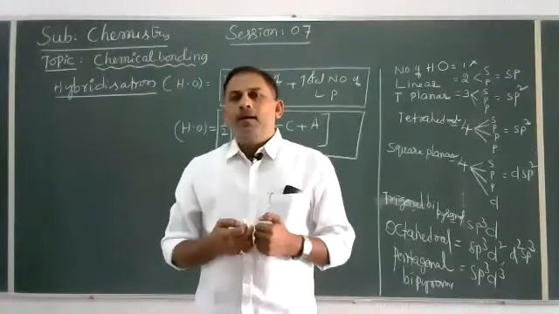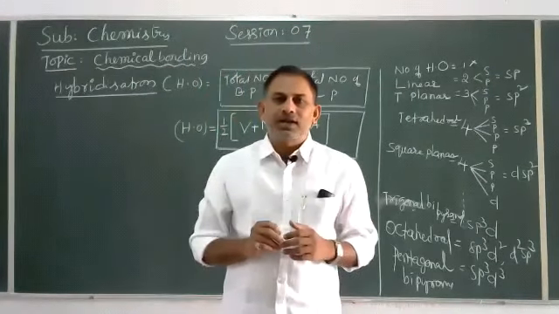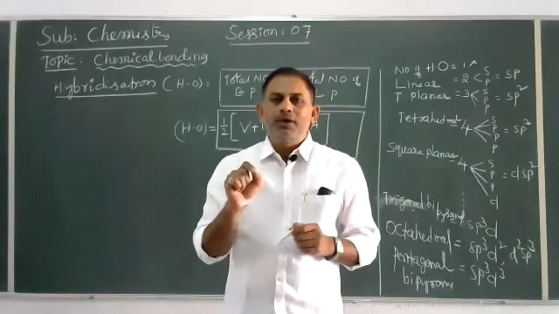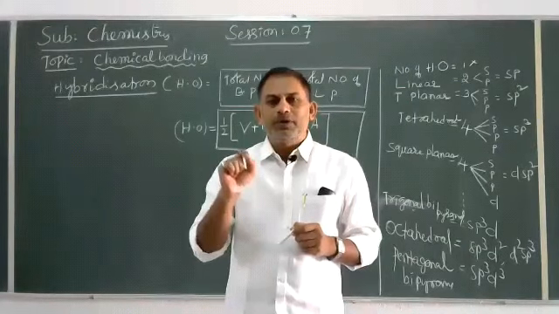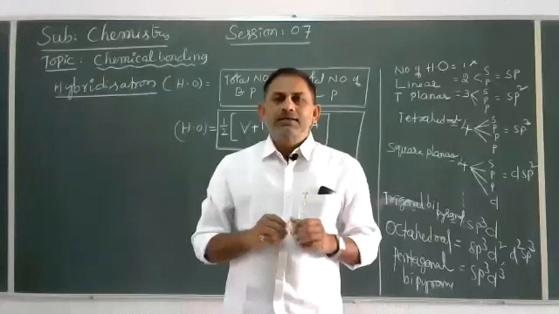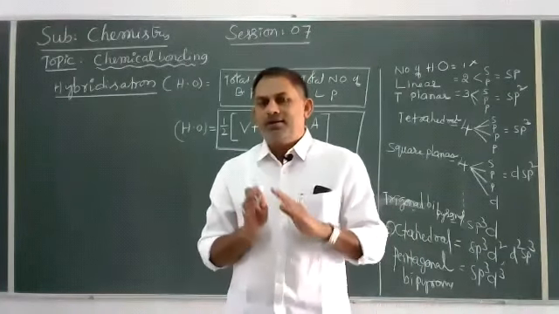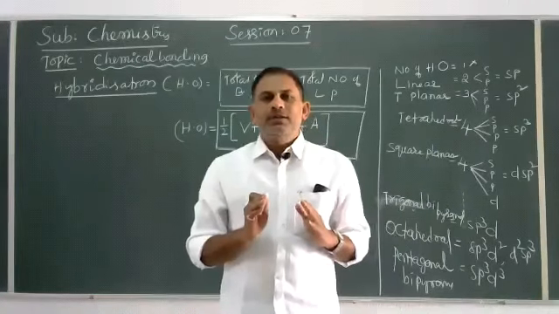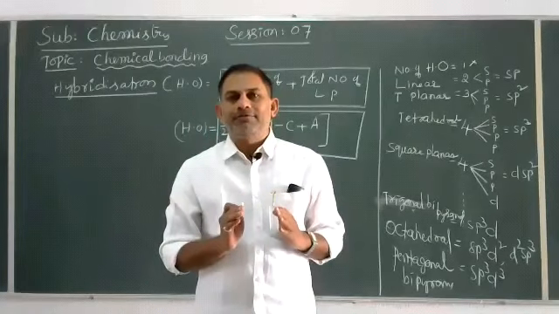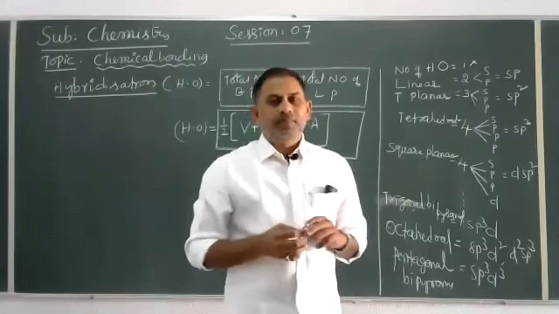Because of the presence of lone pair-lone pair, lone pair-bond pair, and bond pair-bond pair repulsions, the geometry changes from regular to irregular. So to get clarity about geometry, we need VSEPR theory as well as hybridization.